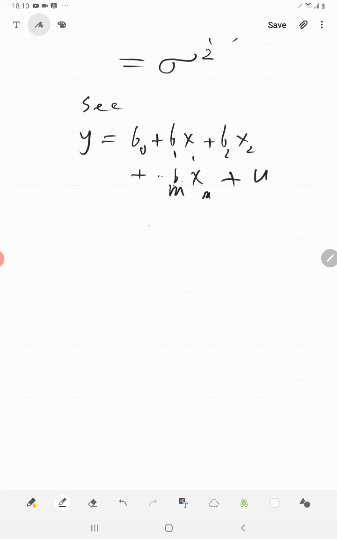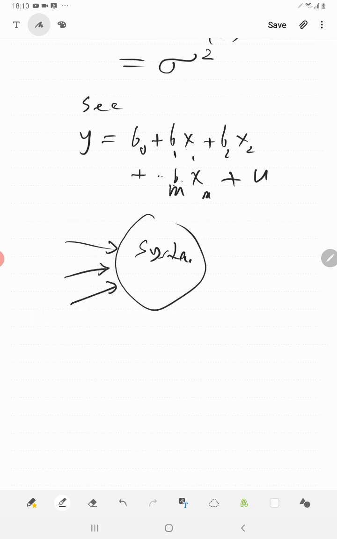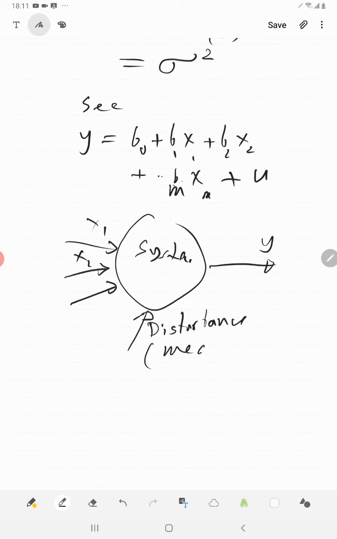So you have a system where you have several inputs, x1, x2, and it will give you an output, but you also inject with it a disturbance, or measurement error.